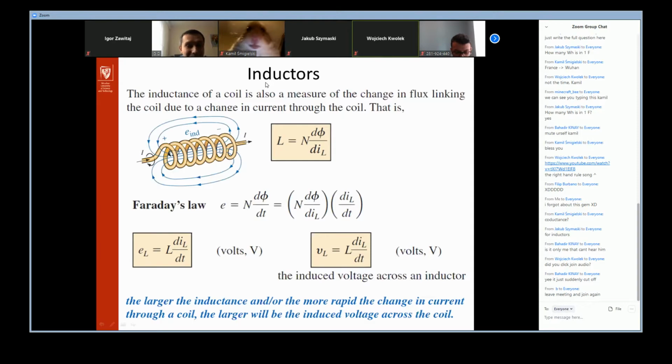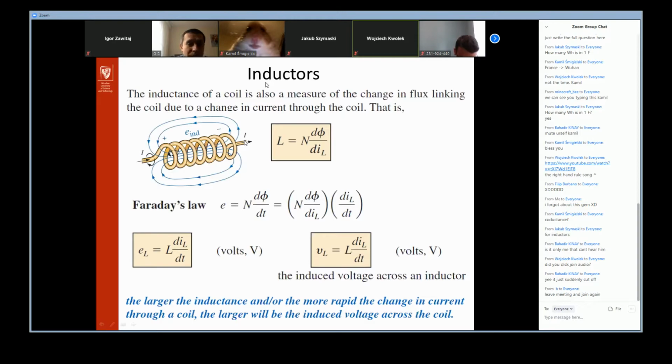However, if the magnetic flux generated by the coil increases, the same magnetic flux is changing, and this magnetic flux is also passing through the coil again. And now we can produce some induced voltage across the coil.